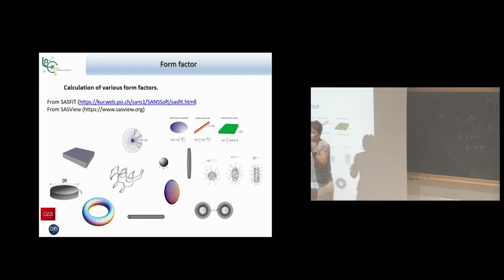It's open, everybody can use it, and there are plenty of shapes that have been introduced in this software, and by fitting your data with these different form factors, you may get the different parameters of your system. You have to introduce also the resolution, but this program allows you to introduce the resolution of the machine.